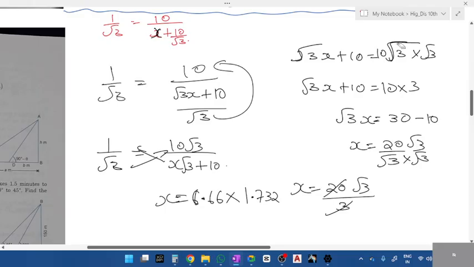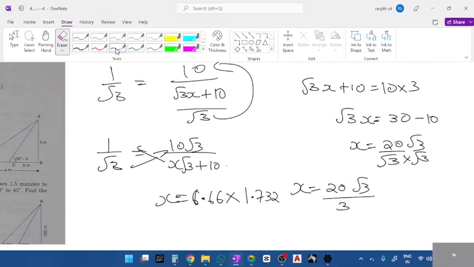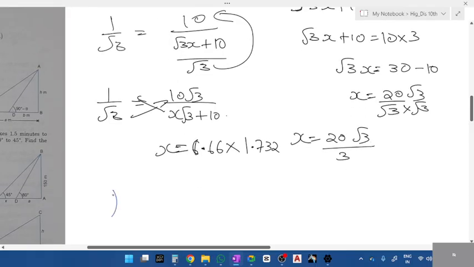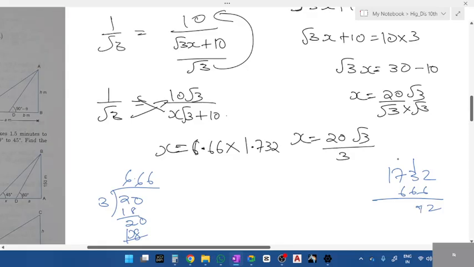Board exam, they won't give you extra time. Multiply this, students.